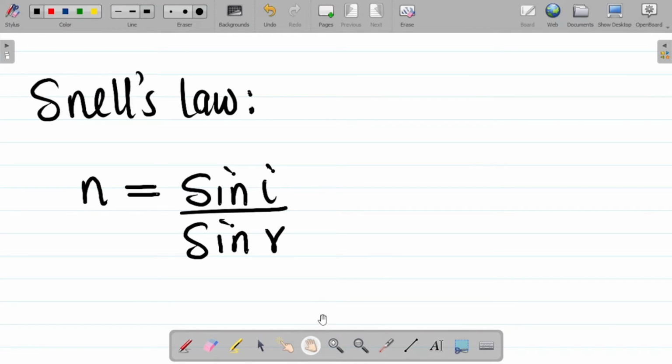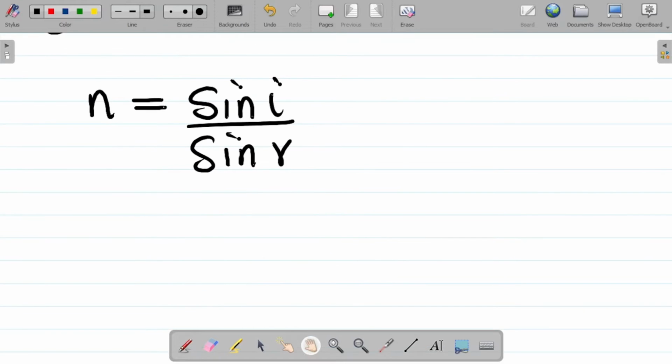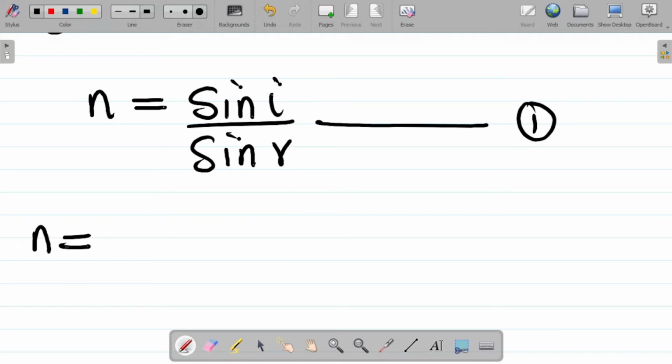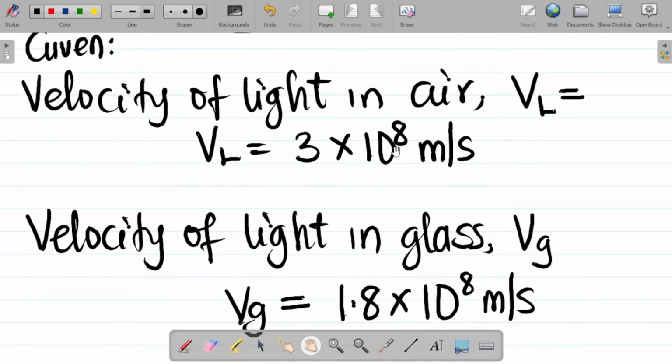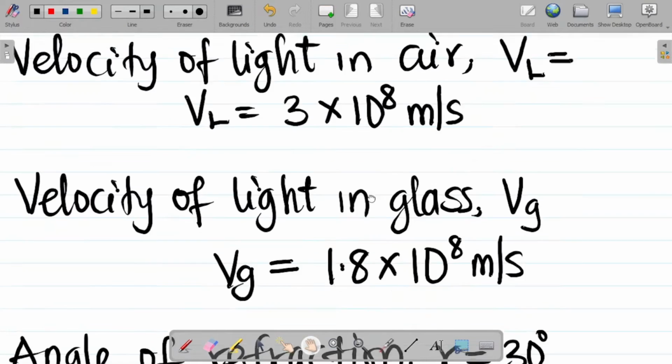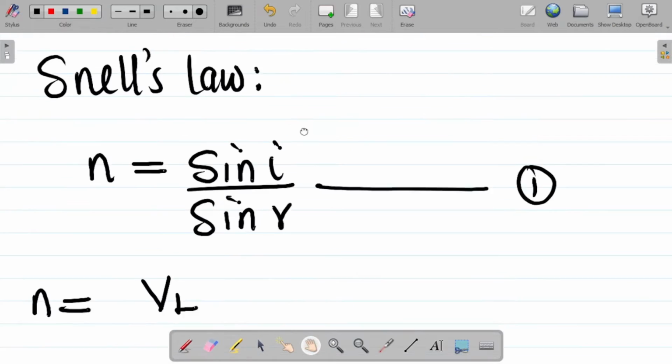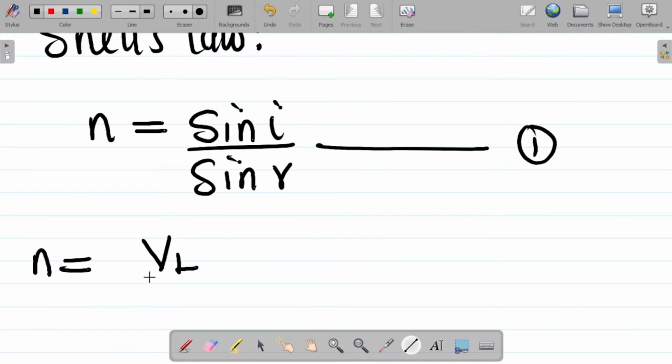Let's call this our first equation. Also know that n, the refractive index, is equal to the velocity of light in air, VL, all over the velocity of light in glass, VG.